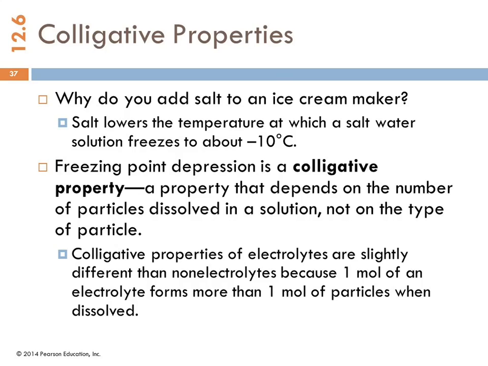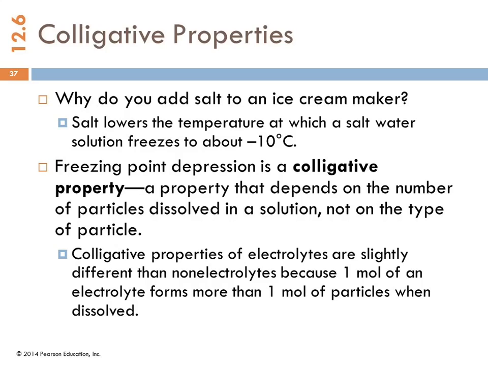There's several of them. These are properties that depend on the number of particles. Doesn't matter what the particle is, it's the number of particles that affects the freezing point depression. For electrolytes, what do electrolytes do when we put them in a solution? They separate into ions and they can conduct electricity.